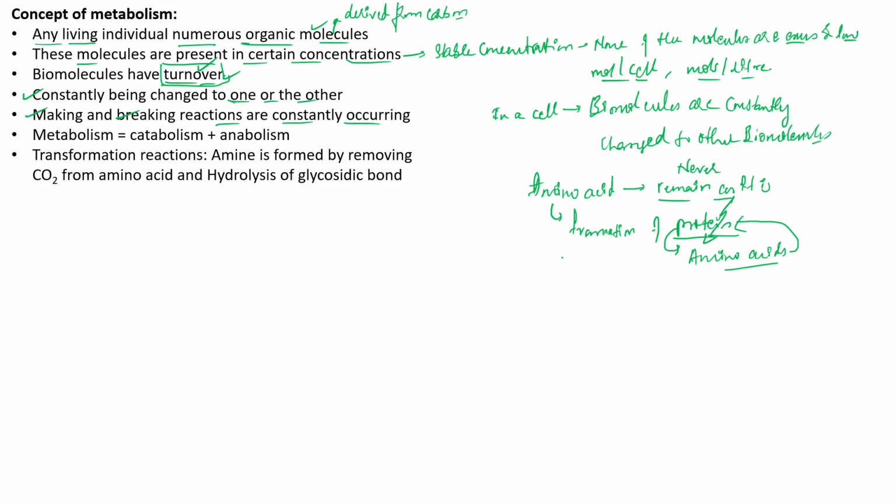For example, we have discussed the amino acid: I will take one amino acid and join it with another amino acid, and I will add one more amino acid and one more amino acid. So don't you think that these kinds of reactions are called making reactions, right?